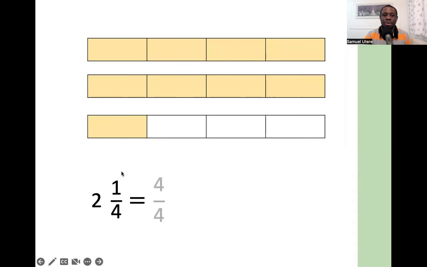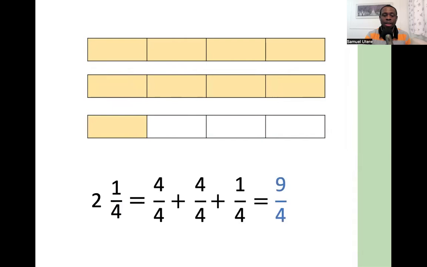We know that 4 out of 4 are shaded, plus another 4 out of 4, and 1 out of 4. So altogether, we have 9 out of 4. Another way of doing this is we could have simply counted the parts that are shaded, and then written it out of the denominator being the number of parts the shape is divided into, which is 4.